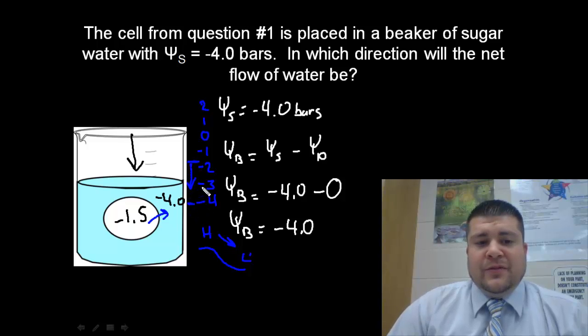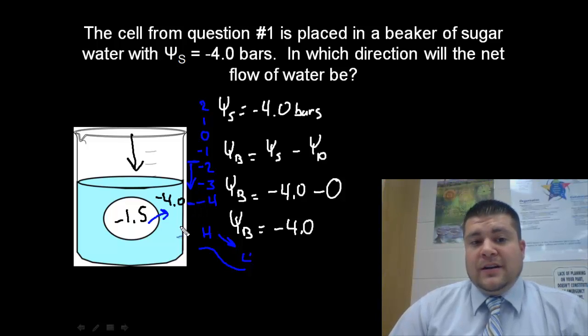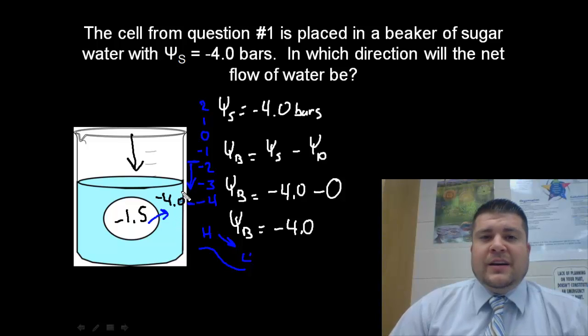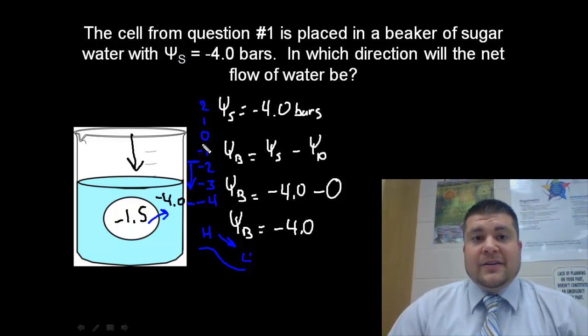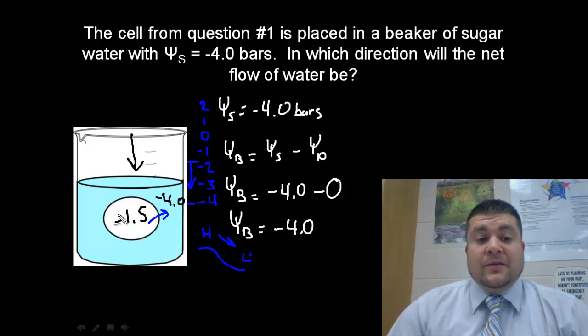So I am still moving down that concentration gradient to a lower water potential. Keep this in mind when you're doing the rest of these problems. You're always moving from a higher number to a lower number. So in the end, the water will move out of the cell.